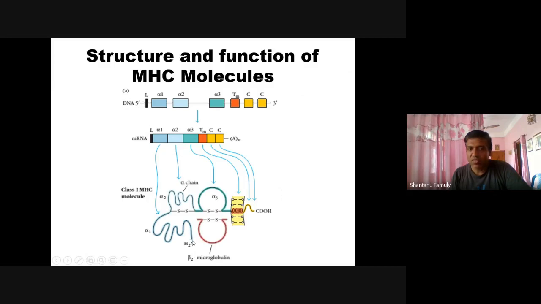So it says that this N terminal part is more polymorphic. That means the sequence of the amino acids in this N terminal is highly variable in a population. Other parts, say the alpha 3 domain, may be similar in different individuals in a population, but this part is highly variable.